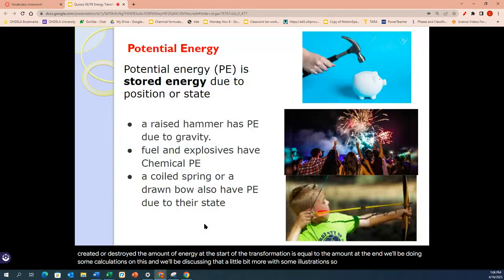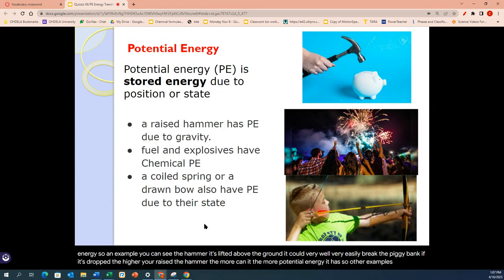So potential energy is stored energy. So an example, you can see the hammer. It's lifted above the ground. It could very easily break the piggy bank if it's dropped. The higher you raise the hammer, the more potential energy it has.